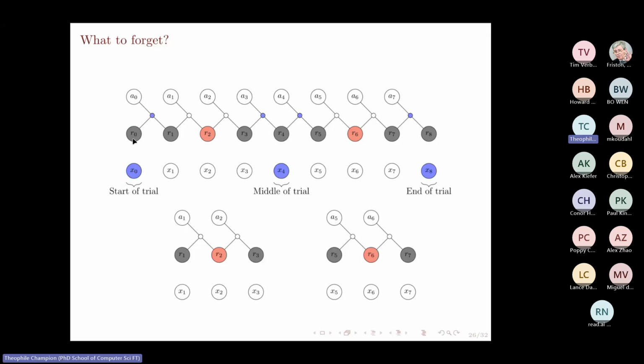Now, if you lose the ability to compute R0, then you won't be able to learn the transition between R0 and R1. So the condition that you need to have in order for a data point to be forgettable is that you need its neighbors, by that I mean the previous observation and the next observation, as well as the current observation, to all be part of fixed components.